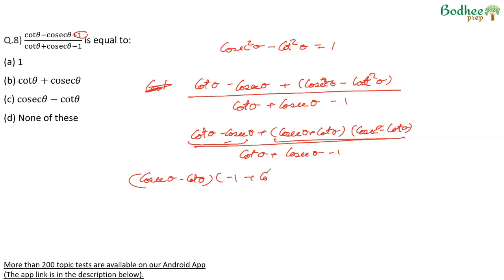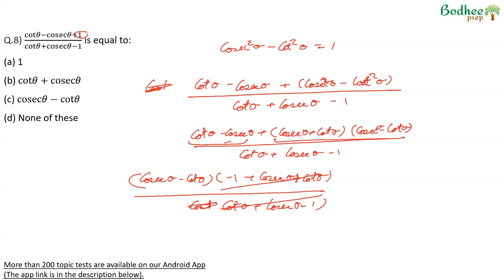And here we'll be left with cosec theta plus cot theta upon cot theta plus cosec theta minus 1. As you can see, these two terms are the same, and therefore remaining we have cosec theta minus cot theta. So the answer becomes option C.